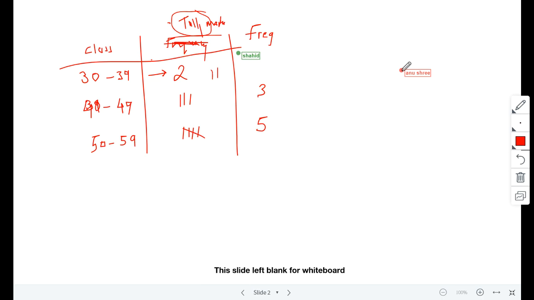Okay, now that I've got this, it says starting with 20 to 24. So here 20 to 24, so 24, 1, and then 23.